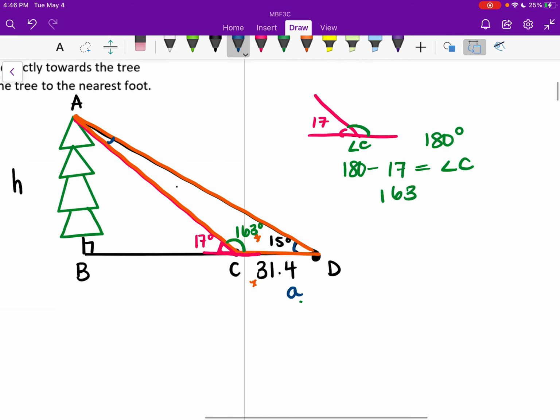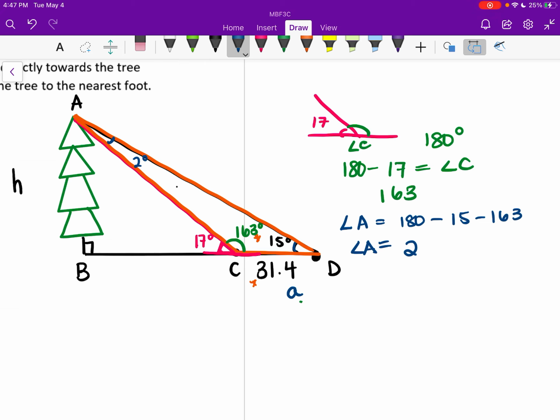So angle A is going to be 180 minus 15 minus 163, which is going to give me 2. So I know that angle A is 2 degrees.